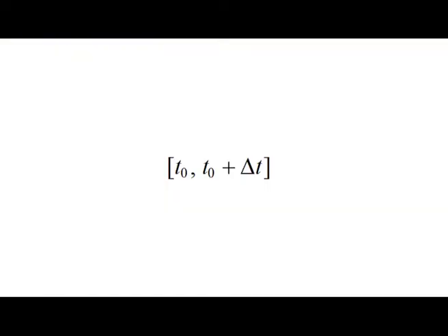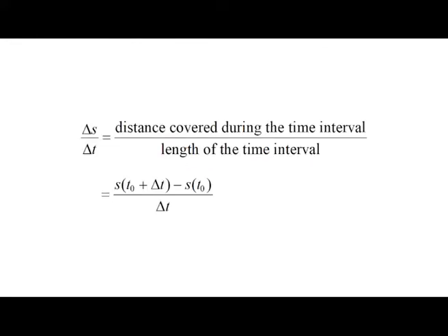Thus, the average speed over the time interval [t0, t0 + Δt] is given by Δs upon Δt, equal to the distance covered during the time interval upon the length of the time interval, equal to s(t0 + Δt) minus s(t0) upon Δt.